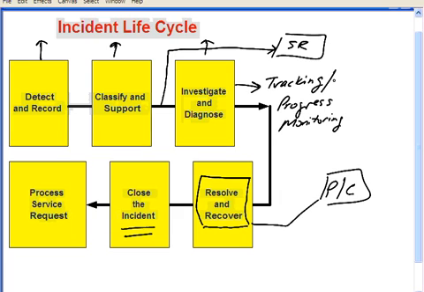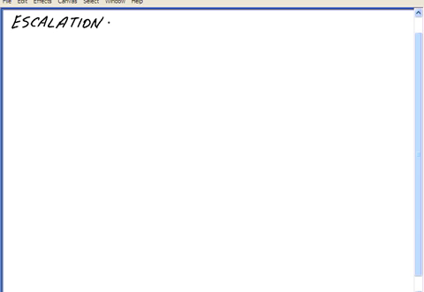For example, when you call a service desk and you hear, this call may be monitored for quality assurance. Or maybe you have a software solution in place. So tracking and progress monitoring works in parallel all along the way.